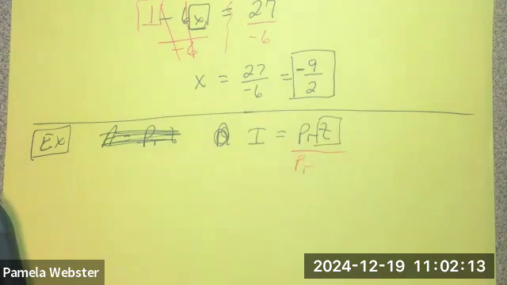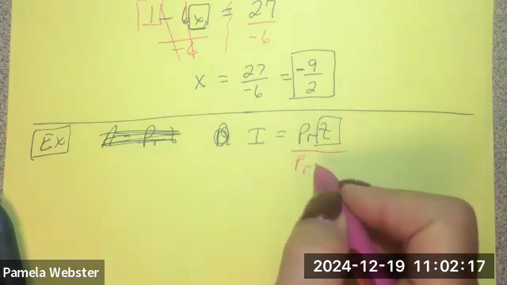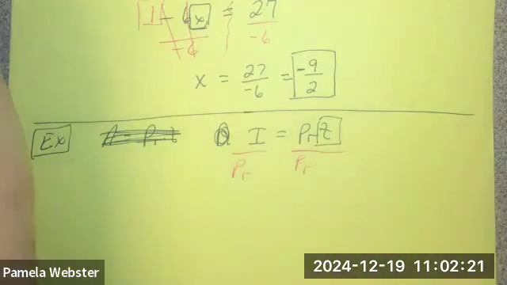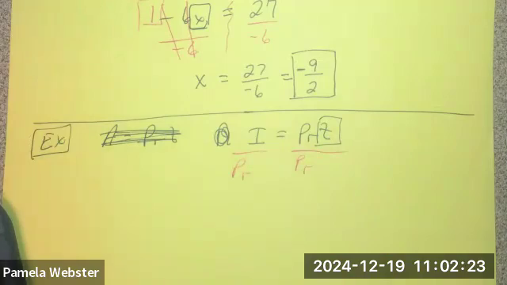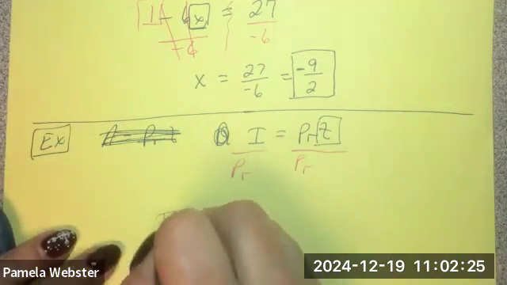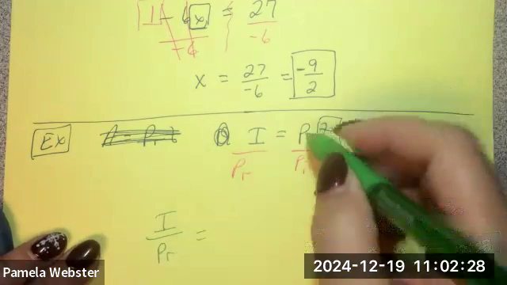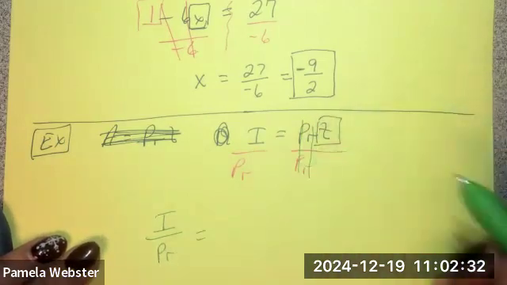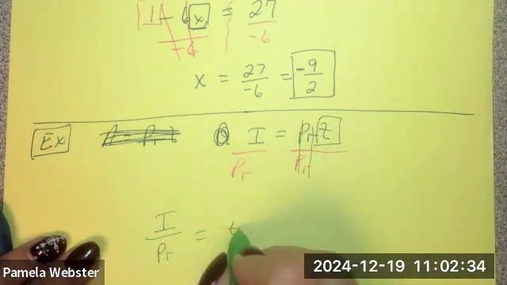I did that on the right-hand side, so I need to also do that on the left-hand side. Over here on the left, I've got I over PR equals, and on the right, the P divided by the P is a 1, and the R divided by the R is a 1, so I just get a T.